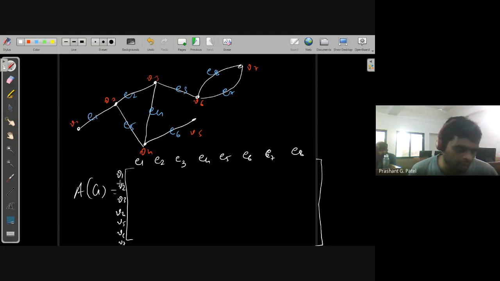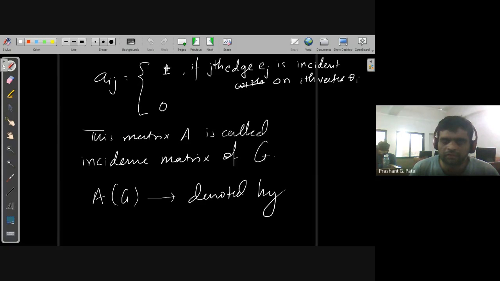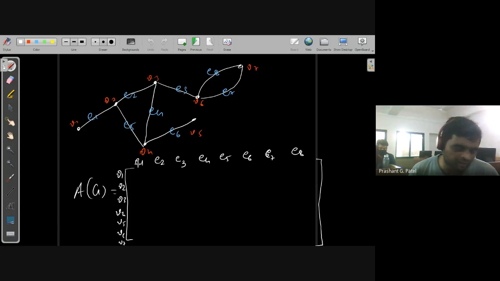Okay. Now, as per this definition, the entry is 1 if the jth edge, that is Ej, is incident on the ith vertex Vi. That means the first edge is incident on V1, so it will be 1 here.